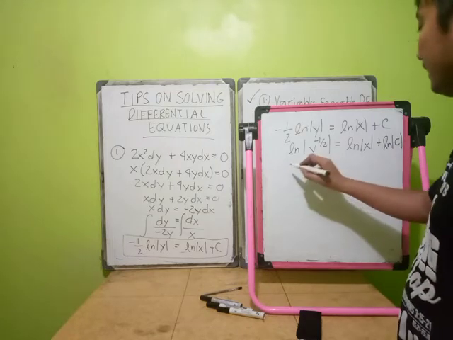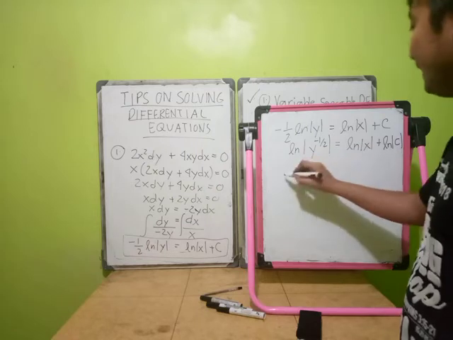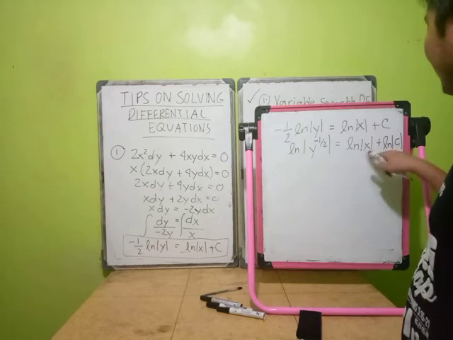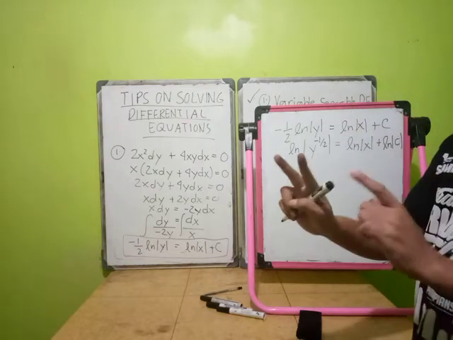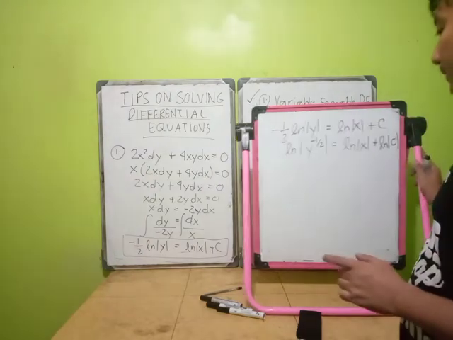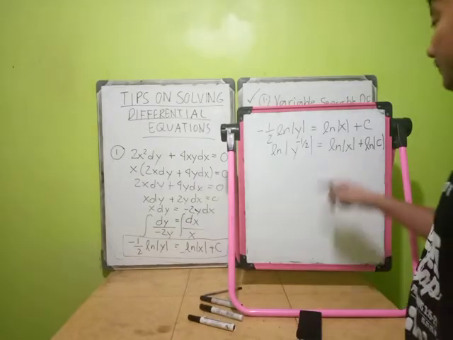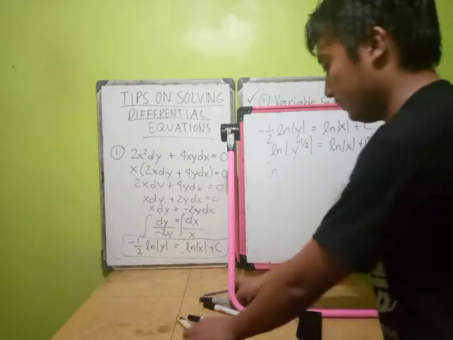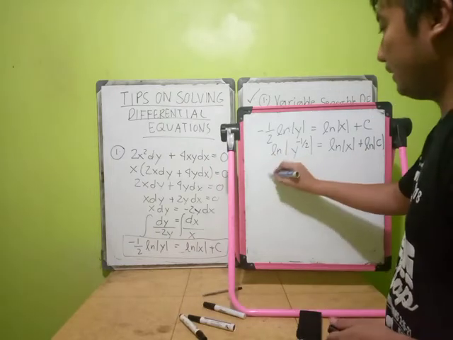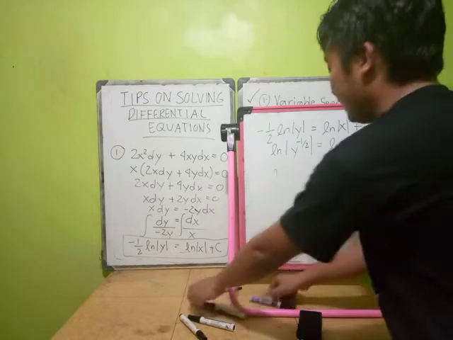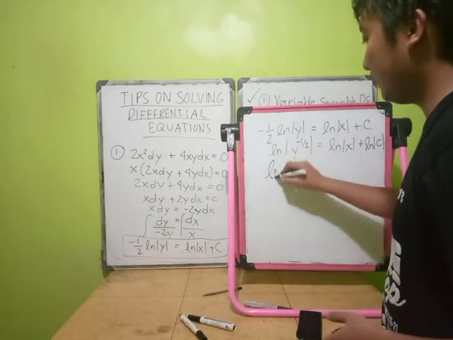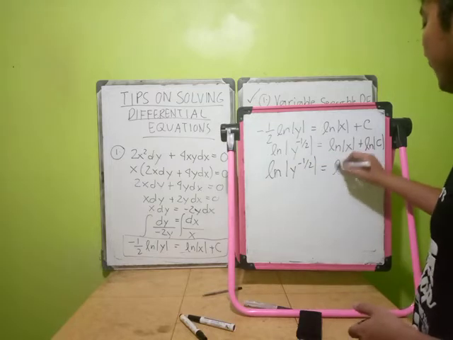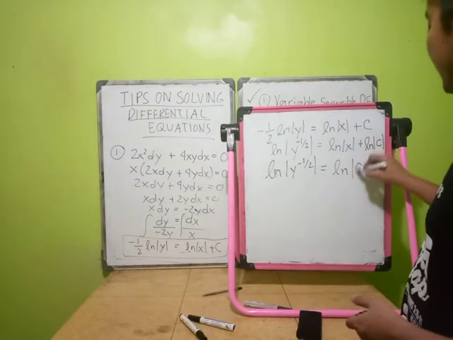So, magiging, okay? So, magiging, kasi yung nasa labas, magiging power. Ito, addition of two natural logarithm to eh, ln. So, magiging ln of y to the negative 1/2 is equal to ln x times c, so cx.